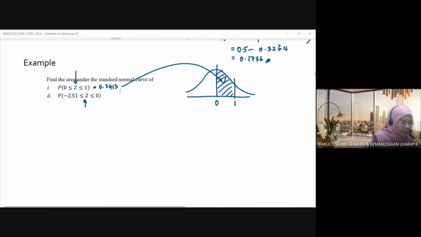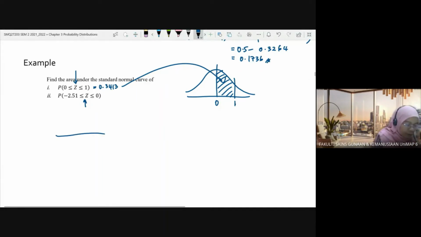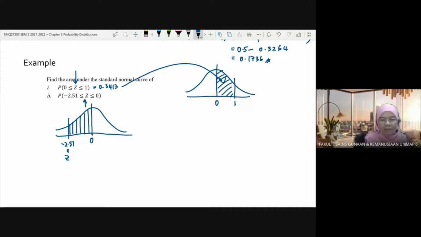For the second distribution, the mean is 0 and you are looking for the region from 0 until negative 2.51. This is the Z value and you are looking for this particular region. Knowing that the distribution reflects the positive region, you go back to the positive side, so from 0 until 2.51.